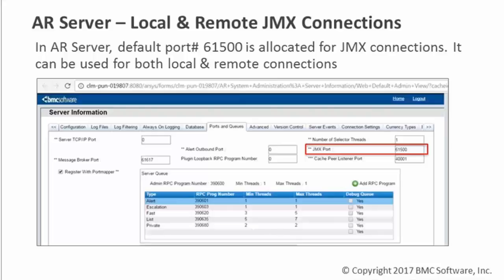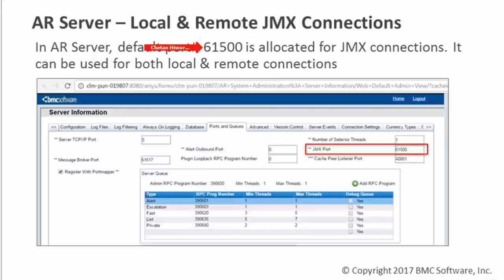So you don't need to add this port in the Java options of the JVM arguments. So we can use this default port number 61500, and let me show you where it is defined in the AR system. So this is my AR system.